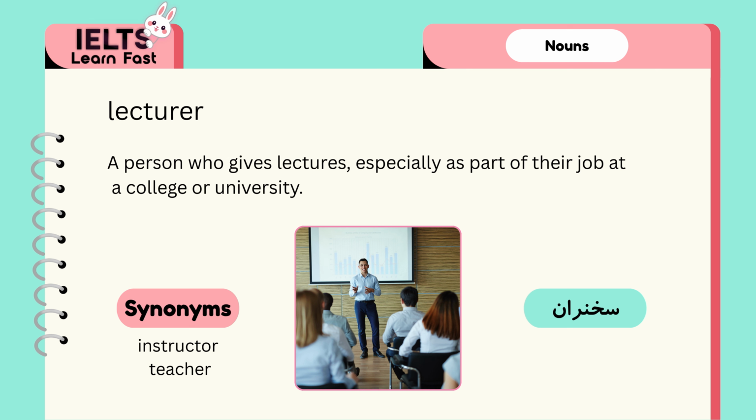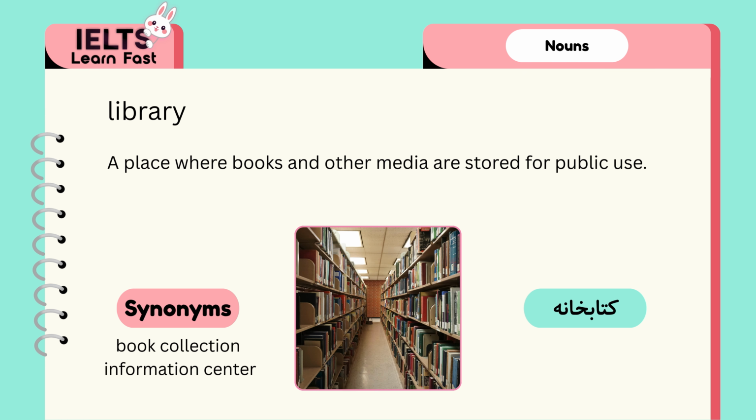Lecturer: a person who gives lectures, especially as part of their job at a college or university. Synonyms: instructor, teacher. Library: a place where books and other media are stored for public use. Synonyms: book collection, information center.